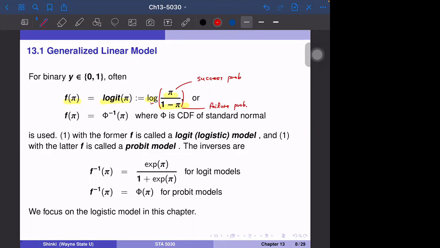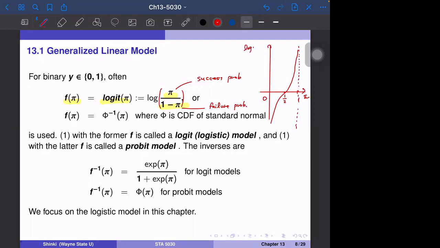So basically this satisfies the condition: pi is in 0 to 1, and the logit goes from negative infinity to positive infinity. And it becomes 0 when pi is equal to 1/2, because that is log of 1, which is 0. The asymptote is here, and also at pi equal to 0.